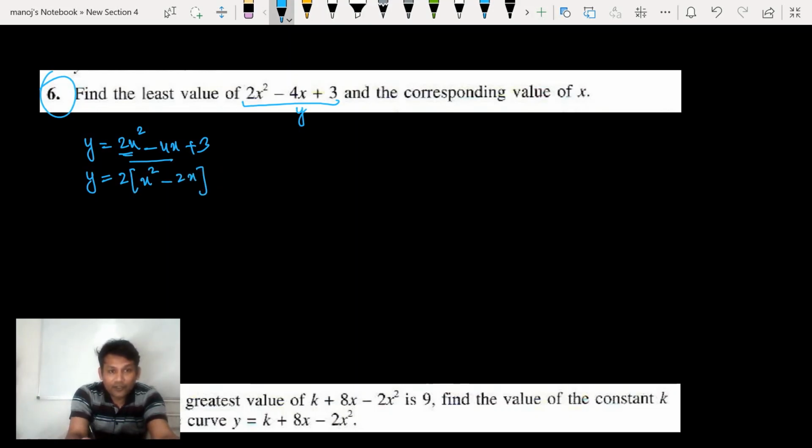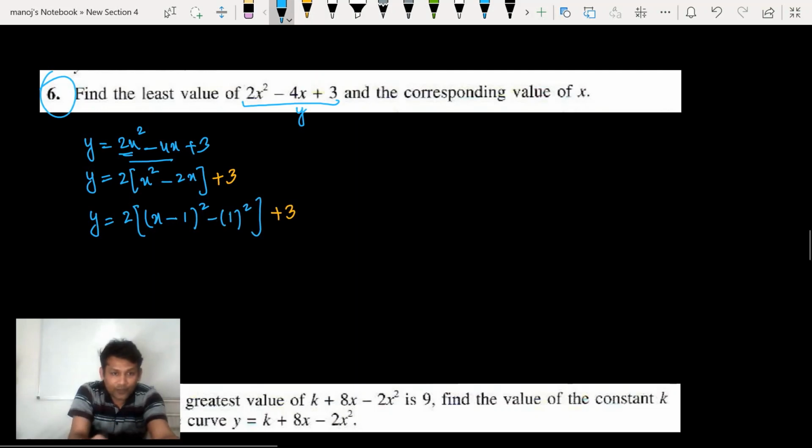Plus 3 I just need to copy because this will do nothing. Okay, then by using this bracket I have to make a perfect square. And what's the method? I will write x minus half of 2, which is 1, whole square, and whatever I write I will make the square outside. I have made the video for this, you can see.